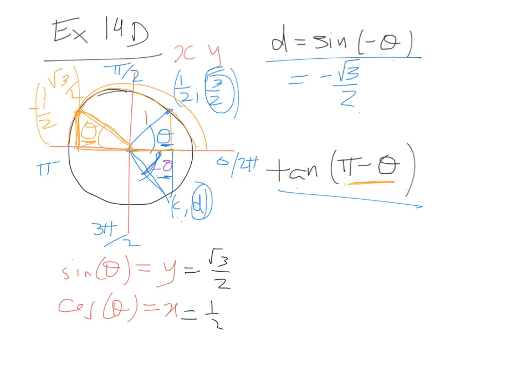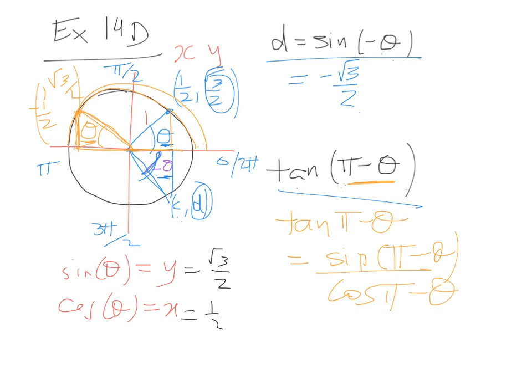So that tells us that tan of pi minus theta is equal to sine of pi minus theta divided by cos of pi minus theta. Now, sine of pi minus theta is the height, root 3 on 2.